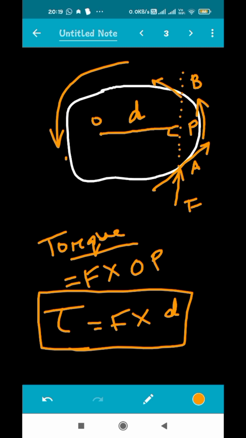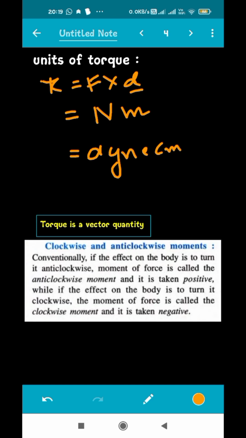Otherwise, if the force is being applied in this direction like this, the object will move in a clockwise direction. So depending upon the point of application of the force, we can say that the object will move in either a clockwise or an anti-clockwise direction, and as a result we will also have a different direction for the moment of force. So it is a vector quantity because it has to be determined by the particular direction.